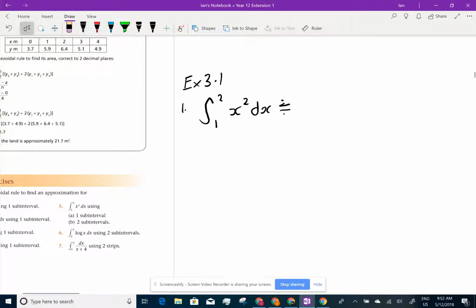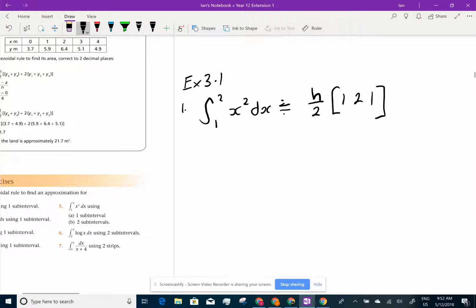Now, the trapezoidal rule is h on 2, 1, 2, 1. That's how I want you to do it.